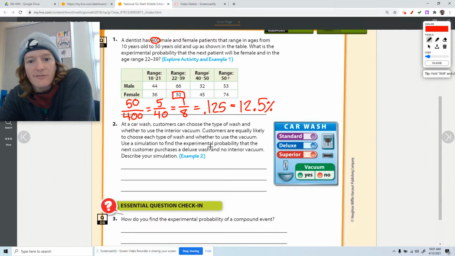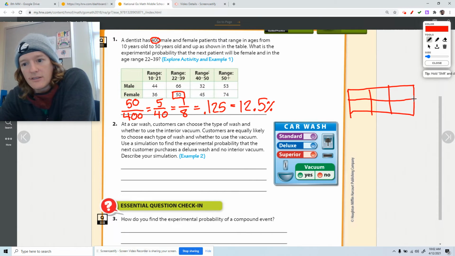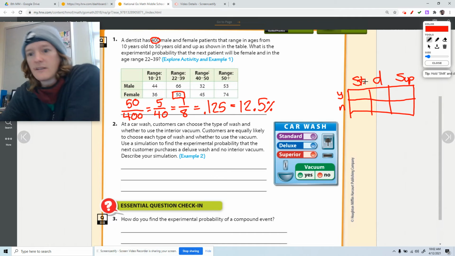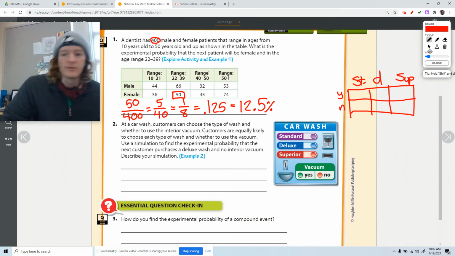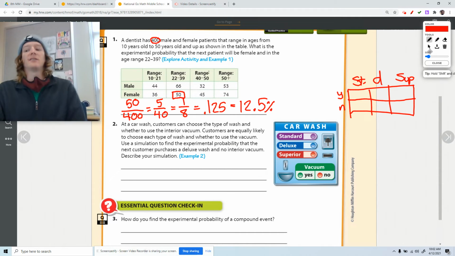Use a simulation to find the experimental probability that the next customer purchases a deluxe wash and no interior vacuum. So we're going to have a table that has 3 options on the top, 2 on the bottom. So this is a yes vacuum, no vacuum, standard, deluxe, superior. Standard, deluxe, superior. So we got 6 possibilities here.